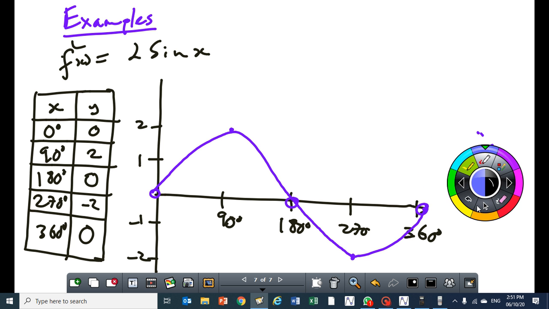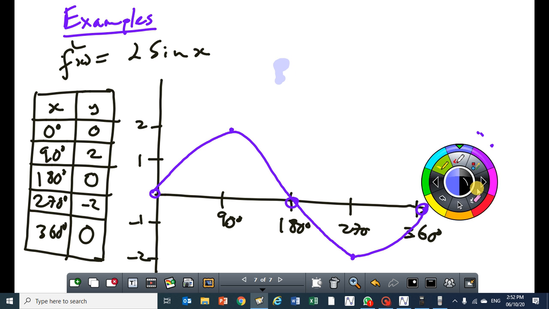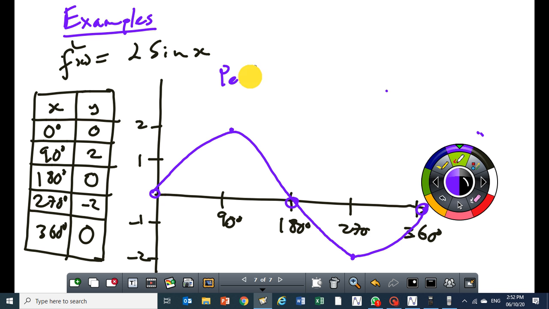Okay, so let's start with the period. The period is equal to 360 degrees.